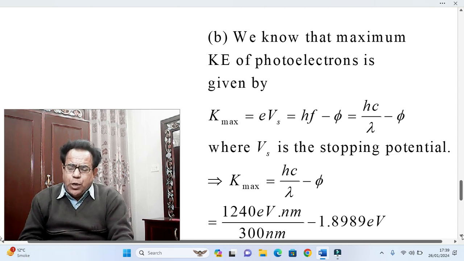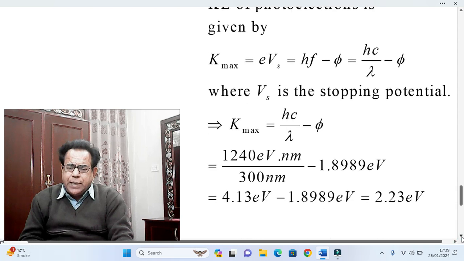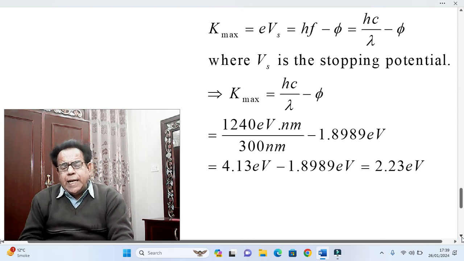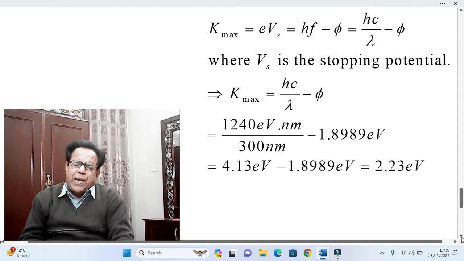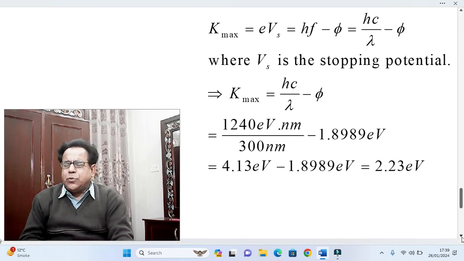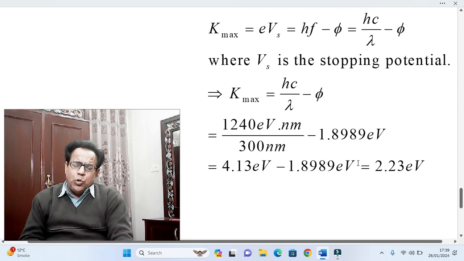So 1.95, 1.90 or 1.8989 are very close to each other, and whichever value we put, we will reach almost the exact answer. But because we have calculated 1.8989, we will use this value here instead of 1.90 or 1.95.